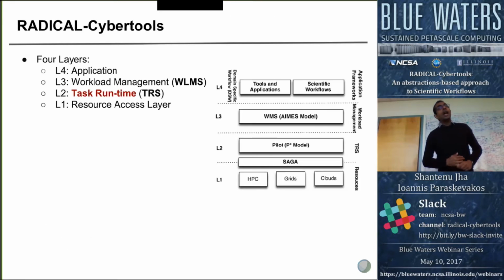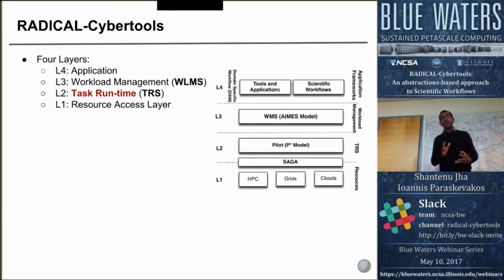Next slide, please. With this worldview, what we typically do is think of 4 different levels. There's the application and the workflow at the very top, and the resources at the very bottom, level 4 and level 1, respectively. And there are 2 levels in between. Level 3 we call the workload management.